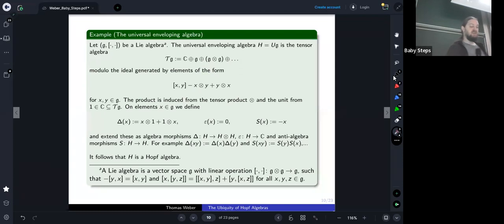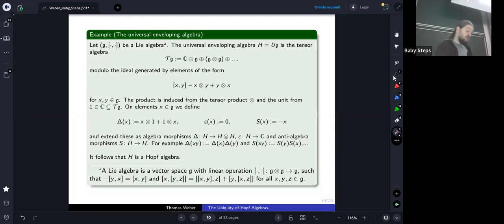So you would like to set these kinds of things equal to 0. You want the Lie bracket to be the commutator in the tensor algebra. And you can show this is an algebra with product given by the tensor product and unit coming from the unit of C.